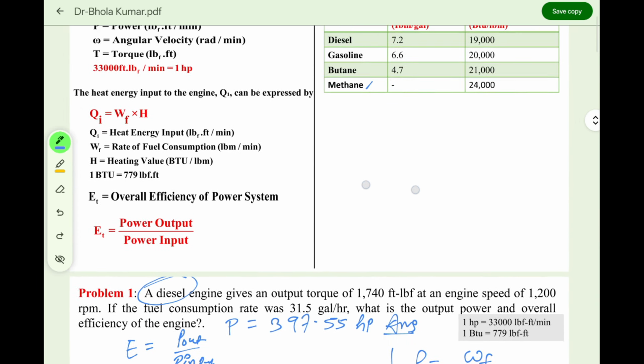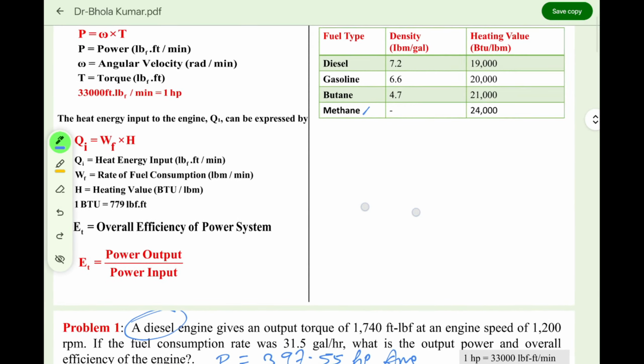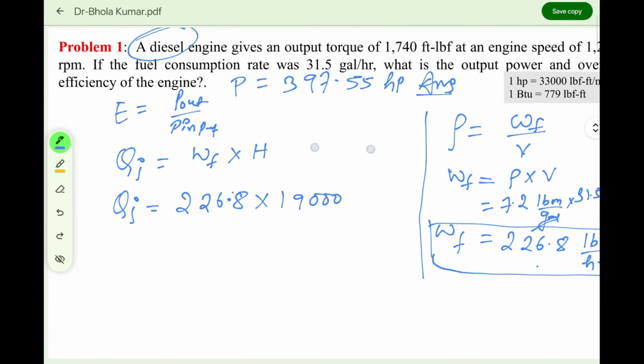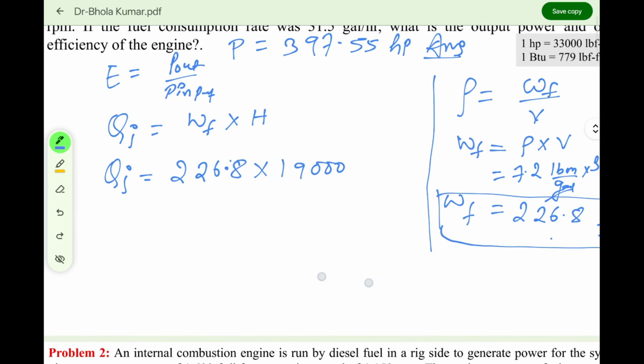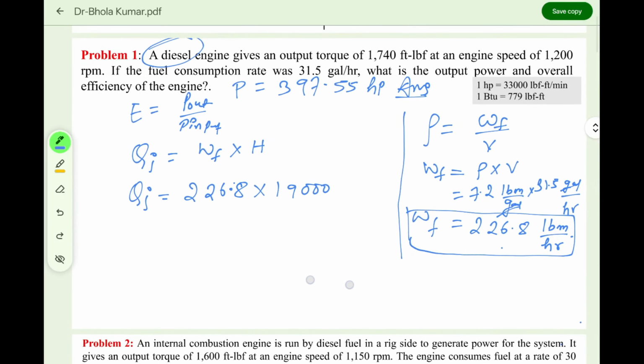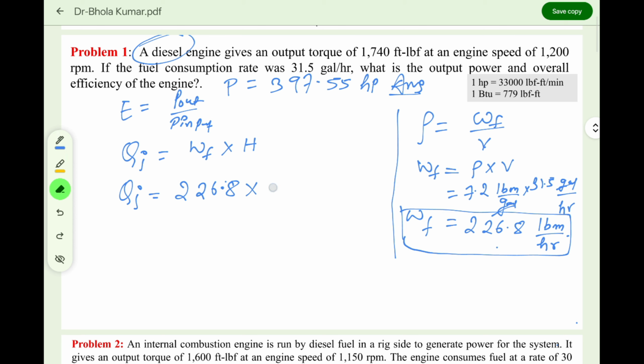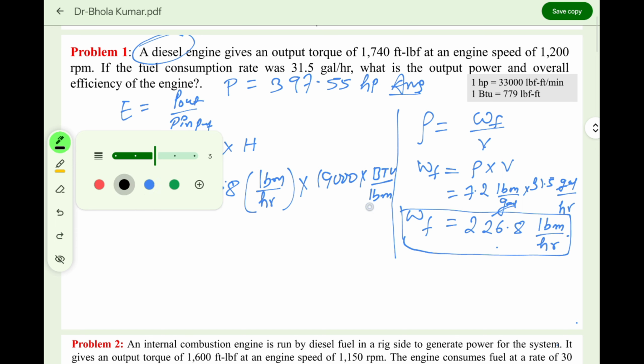So 226.8 lbm per hour is multiplied by 9000 btu per lbm, and this lbm will cancel out.